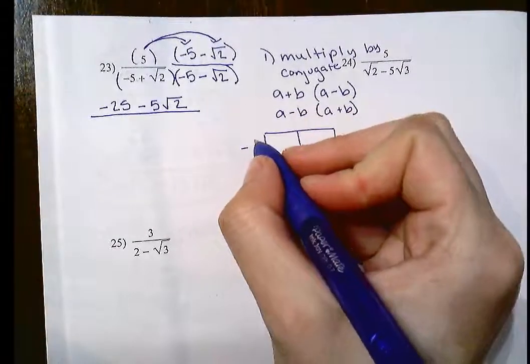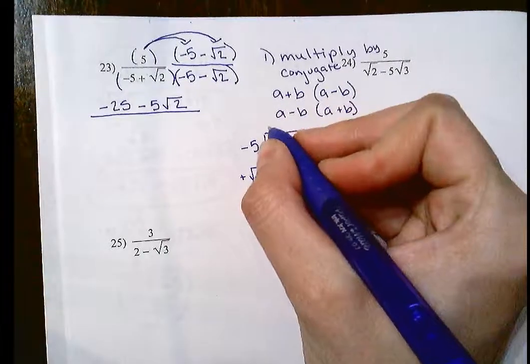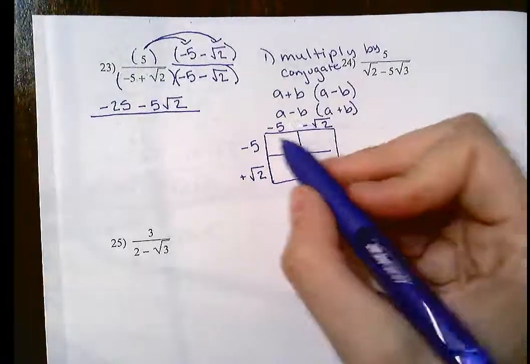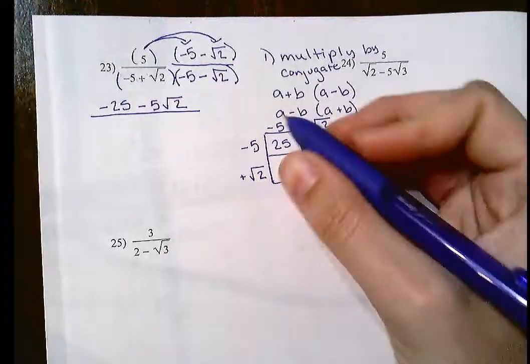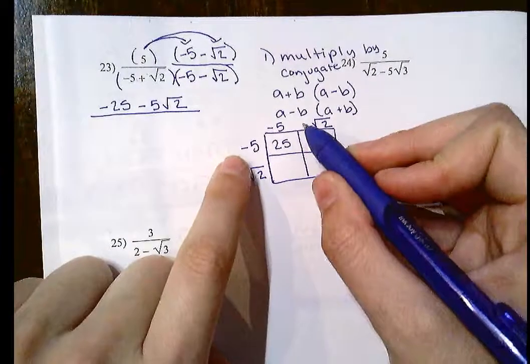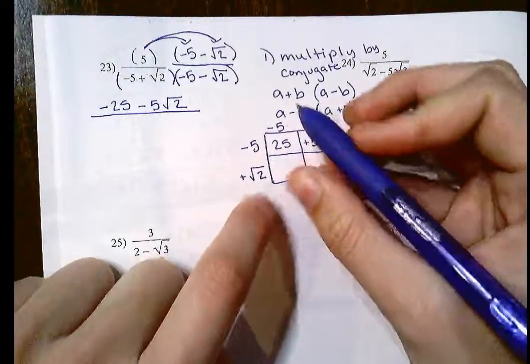So I have negative 5 plus square root of 2 times negative 5 minus the square root of 2. So negative 5 times negative 5 is positive 25. Negative 5 times negative square root 2, a negative times a negative is positive 5 square root 2.